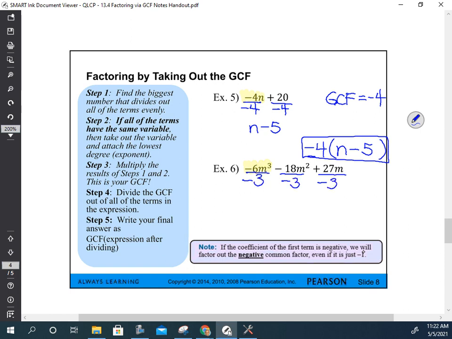If you were thinking 6, 6 works for 18, but it doesn't work for 27. So 6 doesn't work. Do they all have the same variable? Do they all have the same letter? Yeah, the same here.